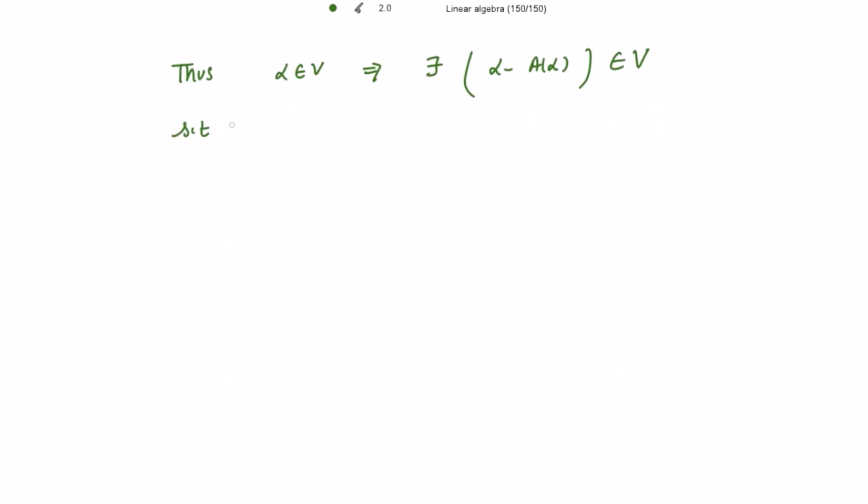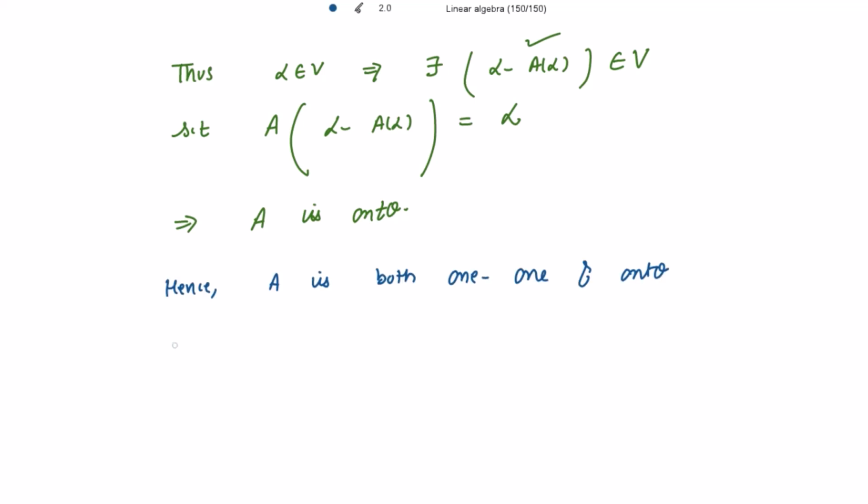So this implies A is onto. We have shown that A is 1-1 and also A is onto. This implies A is invertible. So A is an invertible transformation.